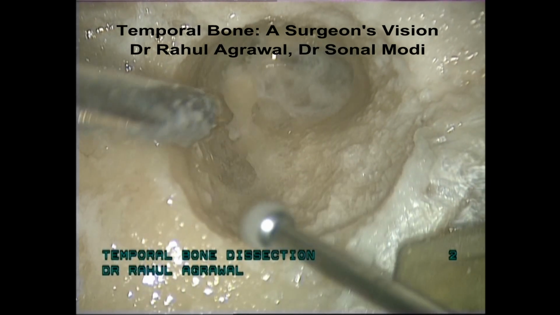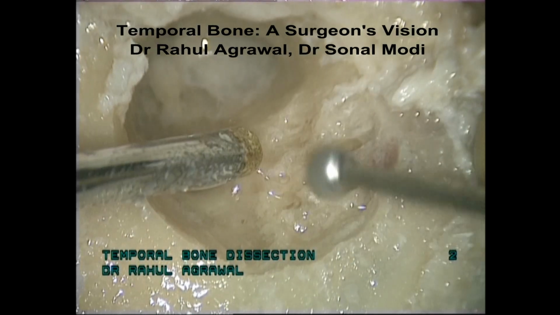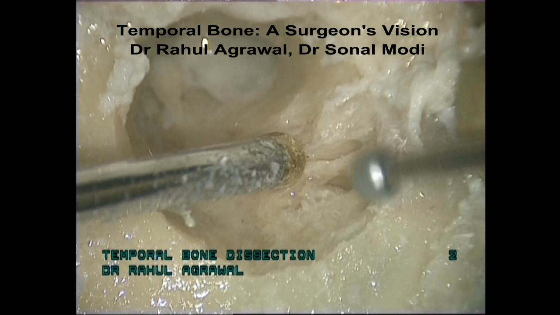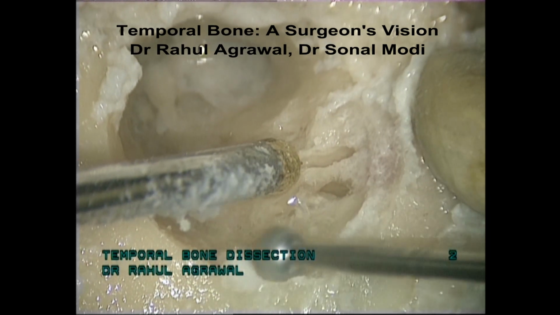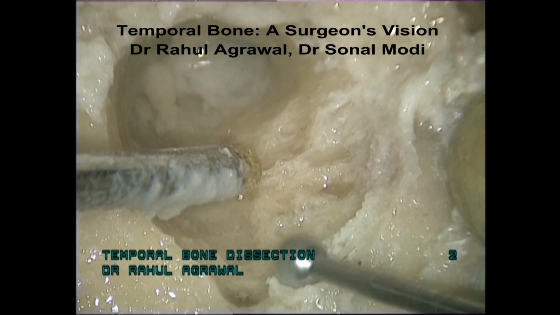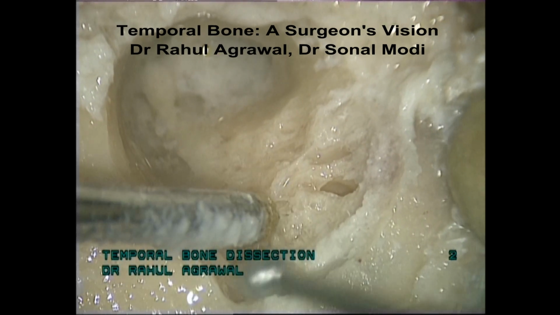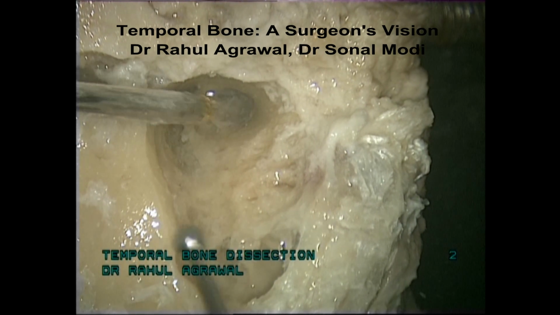At any point of dissection, try and appreciate that my cavity is always circular and there are no bony overhangs anywhere in the cavity. That is how you need to keep your cavity even in live surgery. There should be no bony overhangs and your cavity should be circular as far as possible.